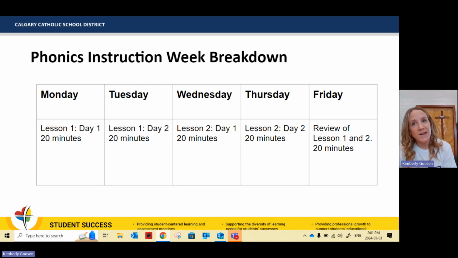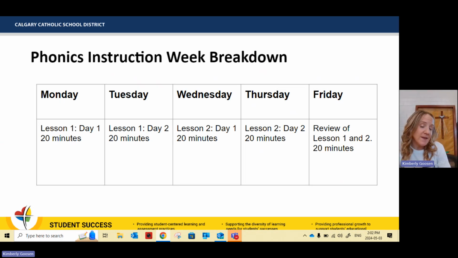The slides were adjusted to help with the idea of being more structured with our literacy program, as well as that encoding piece, which was kind of missing with our phonics. So if we think about our phonics instruction week breakdown, this is a really great graphic for our teachers. So the idea that we're only doing about 2 grapheme phoneme correspondences per week.